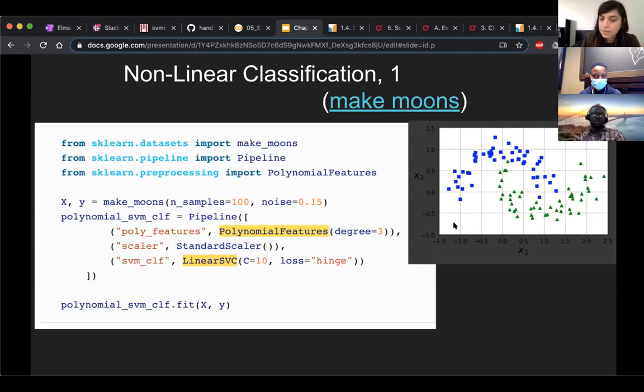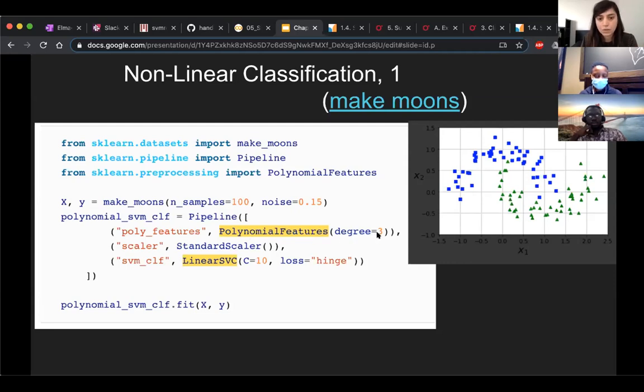Just by looking at it, you're not going to be able to put a line in between to classify these two. So that makes us use one of those polynomial strategies that we discussed. Now we're using polynomial features, and we're defining degree 3.